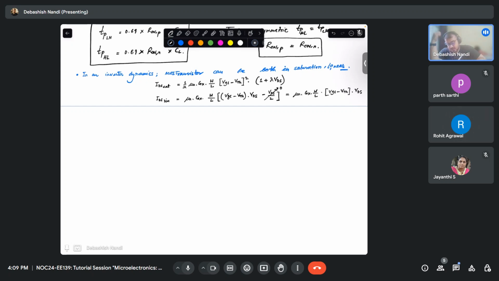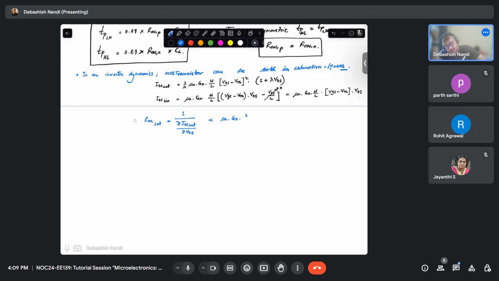Now what is your R on? R on saturation is what? 1 over dIDS sat divided by dVDS, because dIDS sat by dVDS will give you GDS, and 1 over GDS is your R on, right? So if you look at this, it will be proportional to what?